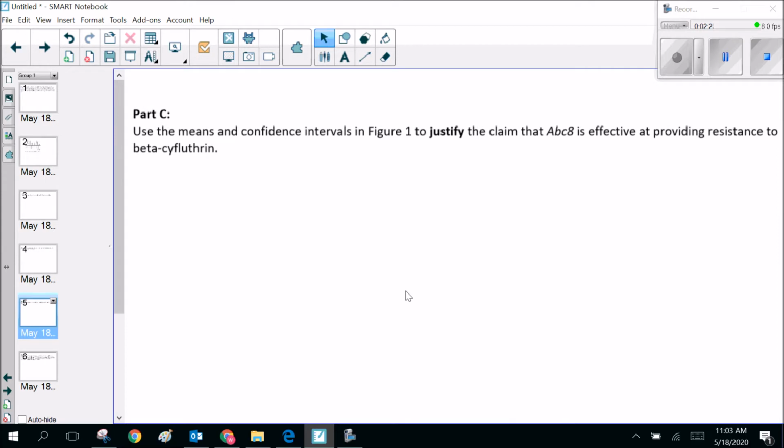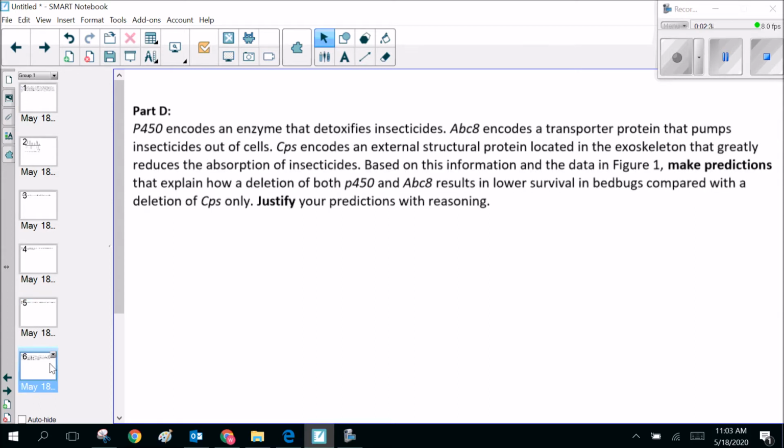Part C is usually going to be building off of Part B and having you justify or predict or explain whatever it was that you talked about in B. And then D is usually the application. So D is going to give you some sort of scenario or extend whatever it is that you're trying to look at to apply it to something else.